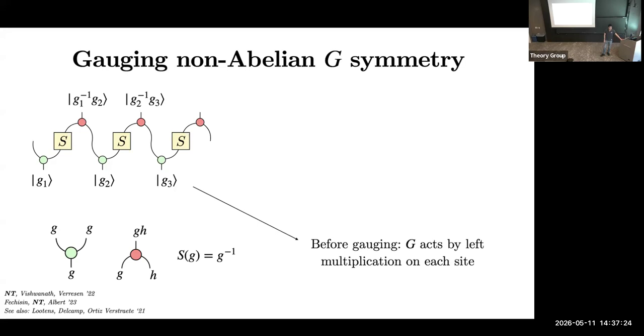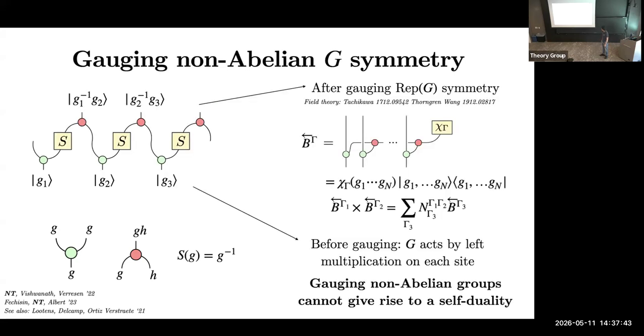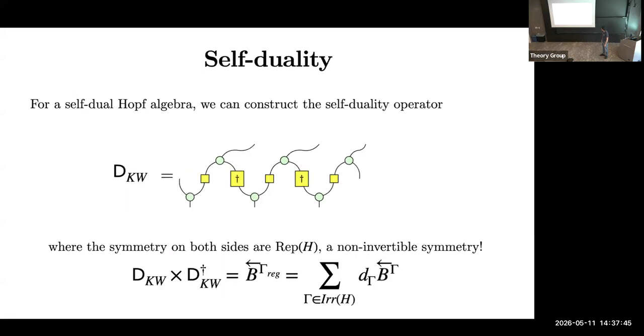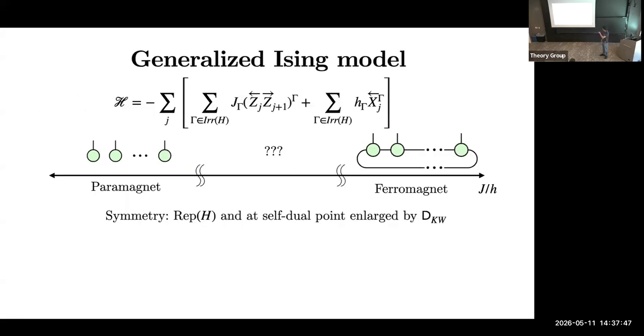For say Rep G symmetric Ising models, you can get the case where the symmetry broken ground states have richer structure. They might be an MPS, and the symmetry action could even mix them. In the model here, are the symmetry broken ground states just product states that are permuted? I have it here, in this phase diagram picture. This is the MPS of the ferromagnet.